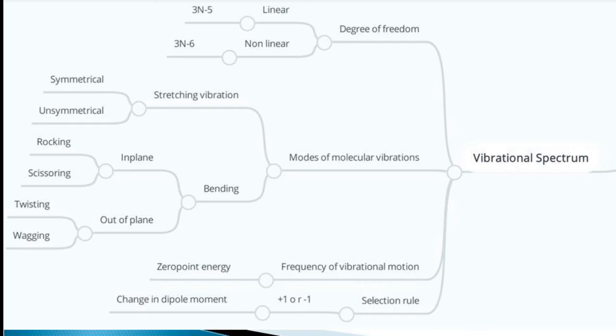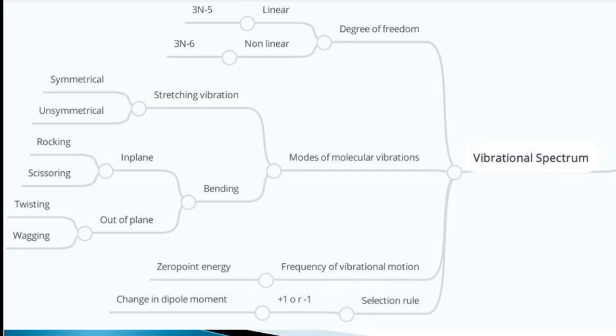Along with that, we are going to learn the concept of IR active and IR inactive molecules with the help of change in dipole moment. Similarly, we are going to learn about the selection rule, that is why only delta V equal to plus or minus 1 transitions are allowed and other transitions are forbidden.